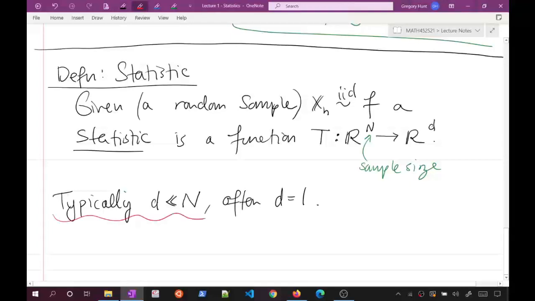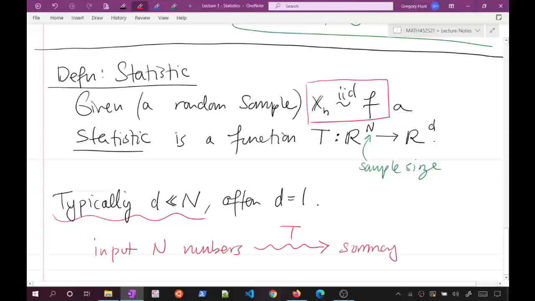A statistic is going to take data, it's going to take a random sample, which is data, and it's going to summarize it. Functions summarize things. So it's going to take in n numbers. You're going to input some n numbers, and my function t is going to spit out a summary in lower dimension.